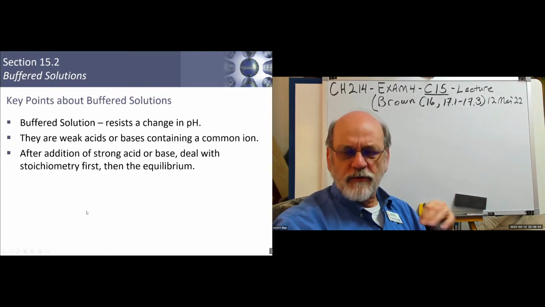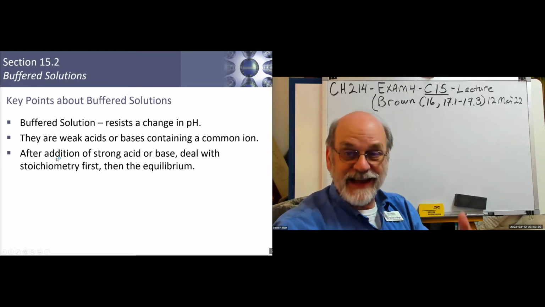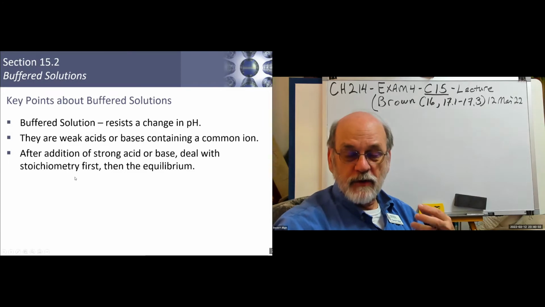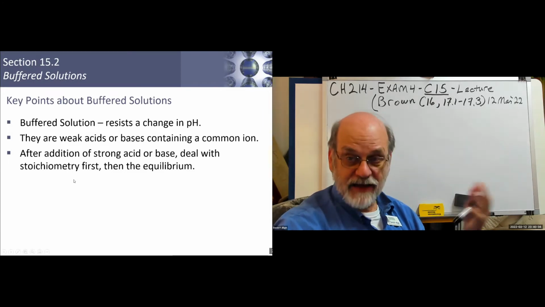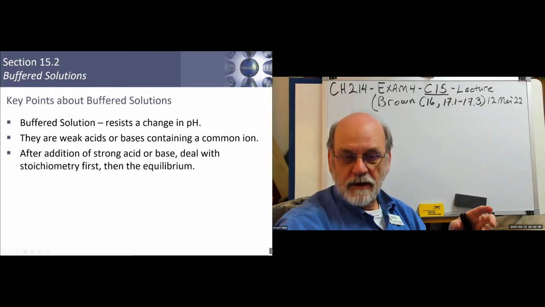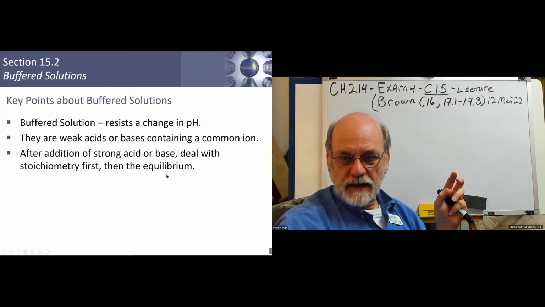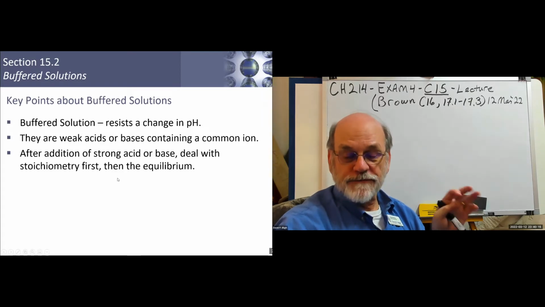So when we solve buffer problems, typically what we do is we have a buffer established, and then if we want to see what the addition of any acid or base to it does to its final pH, then we look at the stoichiometry first.